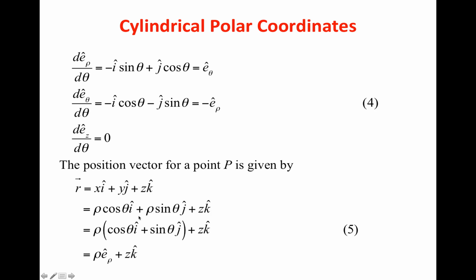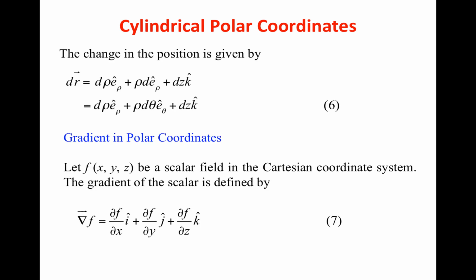Combining these terms, the position vector is given as the magnitude, the radius rho, in the direction of e_rho cap plus z into k cap.